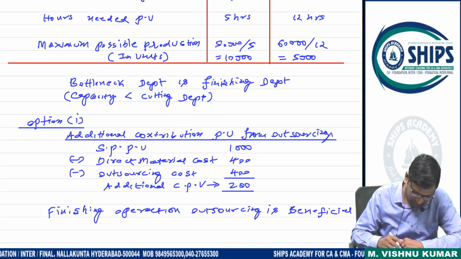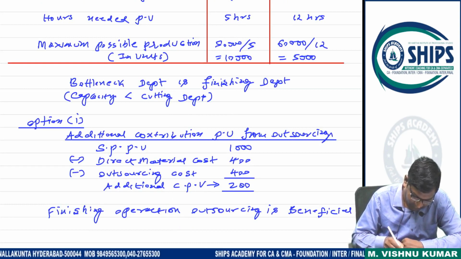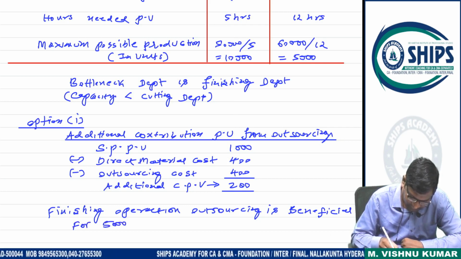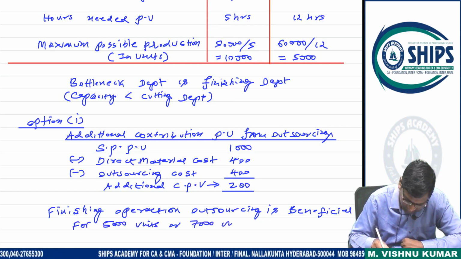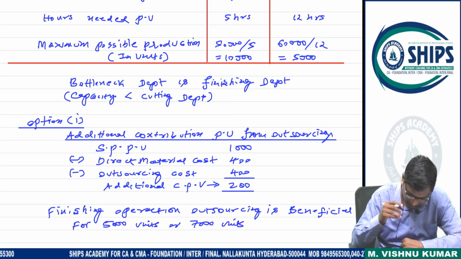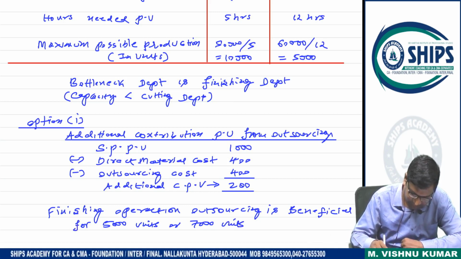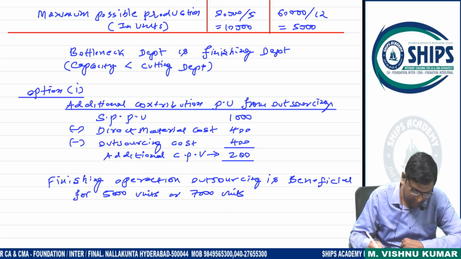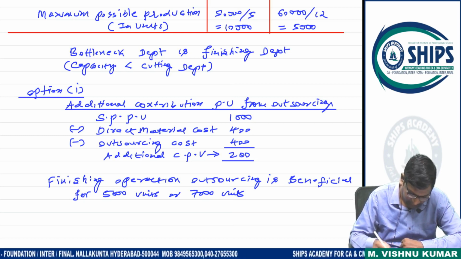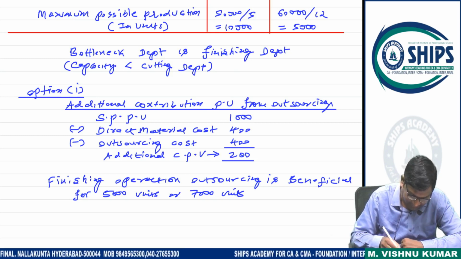Okay. So finishing operation outsourcing is beneficial for 5,000 units or 7,000 units. Clear? So if you calculate the profitability, then 7,000 units is better.